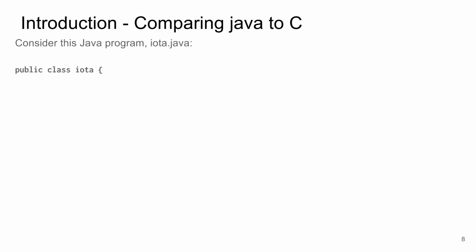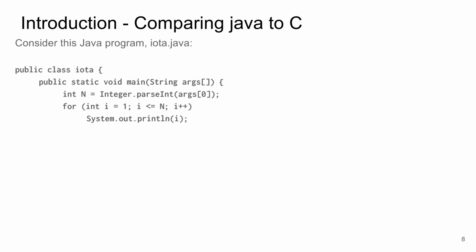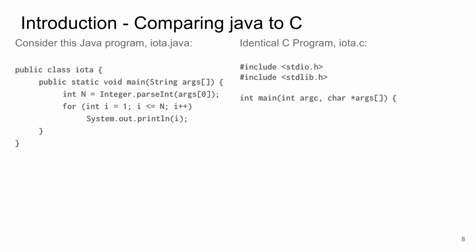So we had this Java program called iota.java, and what it does is it takes one command line argument that's an integer, and then it prints out integers from 1 to n, where n is whatever integer it read in. So we have this C program that's identical to this Java one right next to it, and we can see it looks fairly similar.